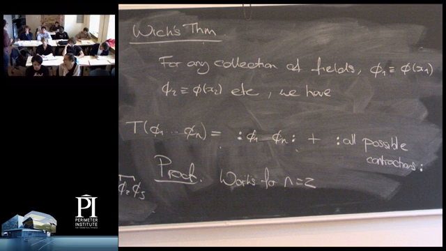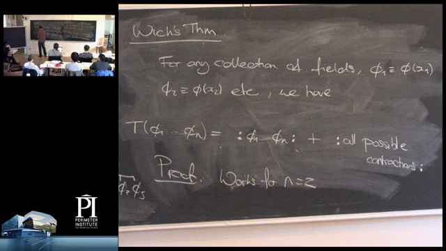Because the contraction between phi x1 and phi x2 is the Feynman propagator of x minus y. And if phi x1 and phi x2 are exchanged, then we want to say that the contraction will also be equal to that. Let me try to see what you're saying.